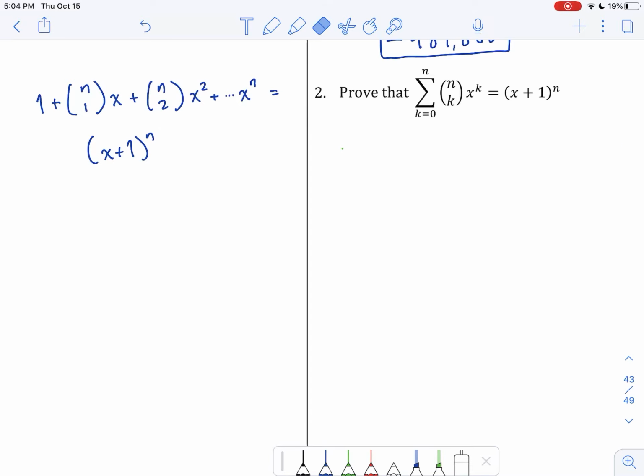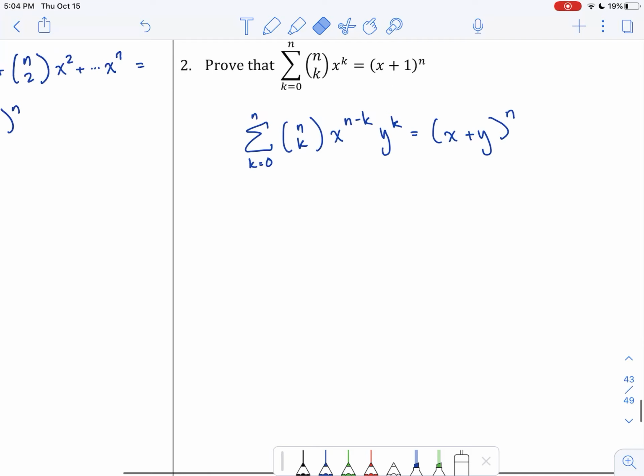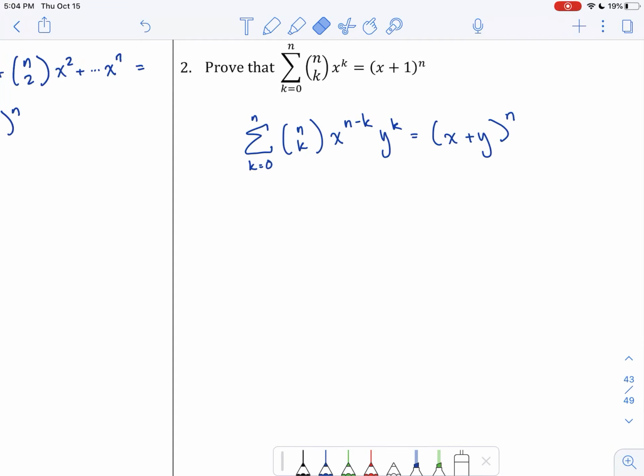Now, for all of these, we're going to start with the binomial theorem here. And what we have here is we want to show, we know that this is true. And so what we see here, hopefully looking between this term and this one, is, oh, well, the difference here is that y is equal to 1. And that's pretty close.